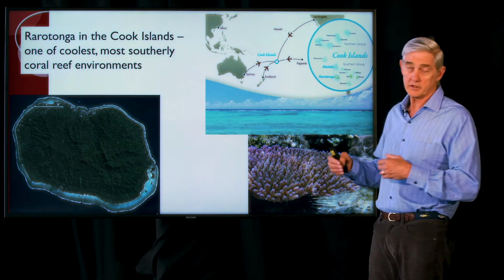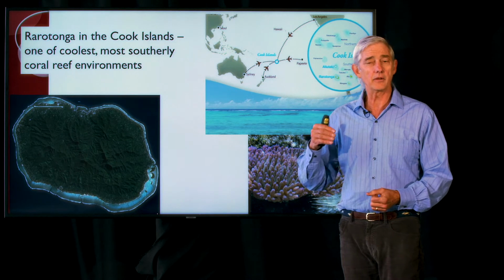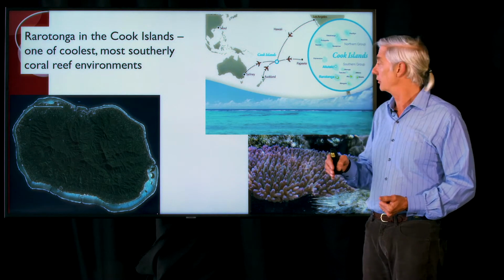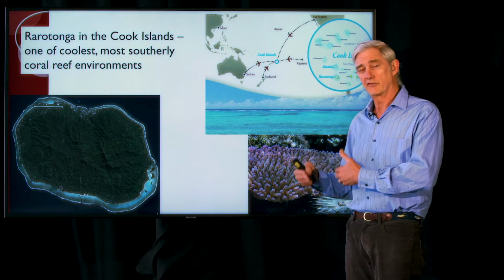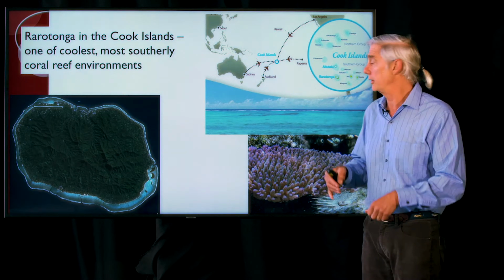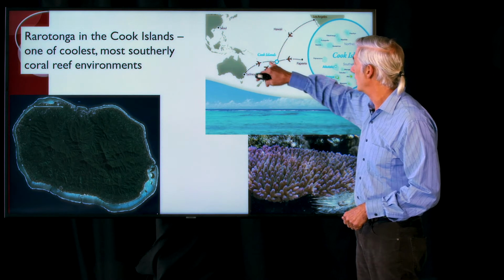Well, that's particularly answerable in our case because we also have a great deal of data on the genetics of these corals from an archipelago that's close by, that is Samoa, which is about here on this map.